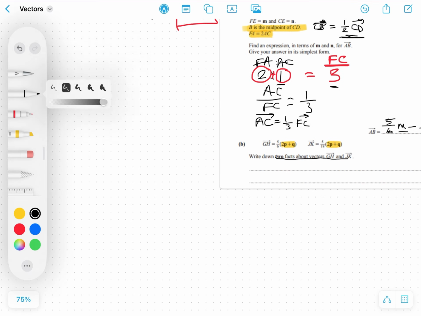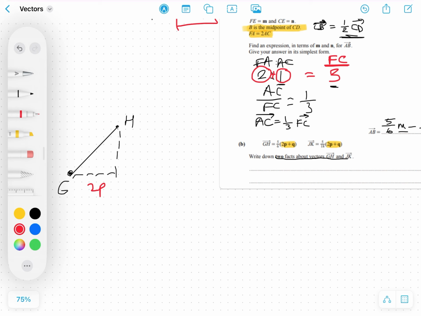Let's say this is G and this is H. And since this vector is 2p plus q, this distance right here is 2p. And this distance right here, the vertical distance, is q. And that's how we get 2p plus q.